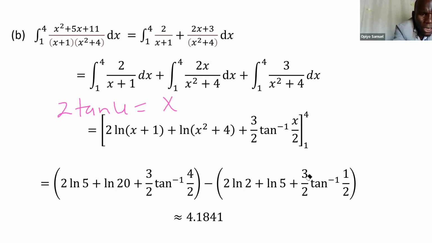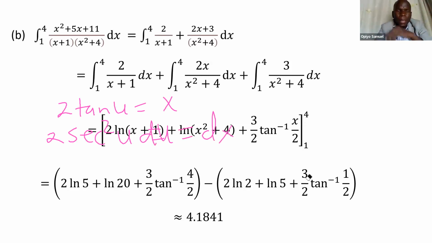So if we differentiate this, we get 2 sec squared u equals to dx. But remember, sec squared u is the same as 1 plus tan squared u.